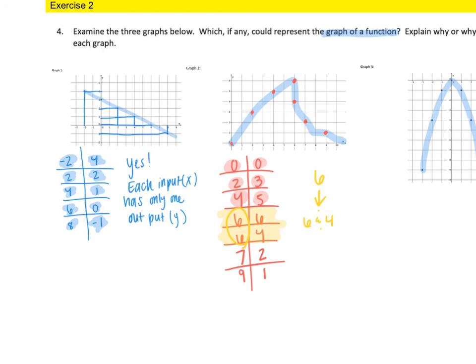So this is not a function. And the reason is 6 has an output of 6 and 4. Okay? Whenever you have 2 of the same x values, guys, you're going to have not a function being graphed.